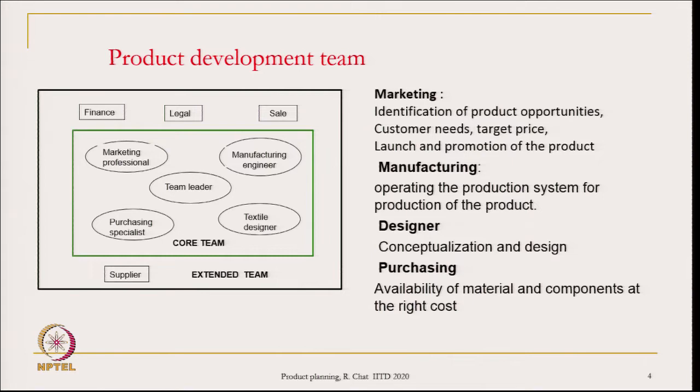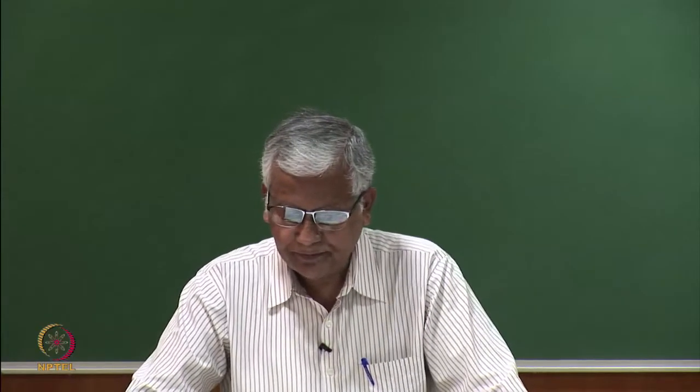Then come manufacturing engineers, or actual production people, because whatever the designer designs, those who are involved in the production of the product must make sure that the item that has been designed can be produced on a mass scale, because they know what technology exactly exists, whatever machines they have in the manufacturing process.